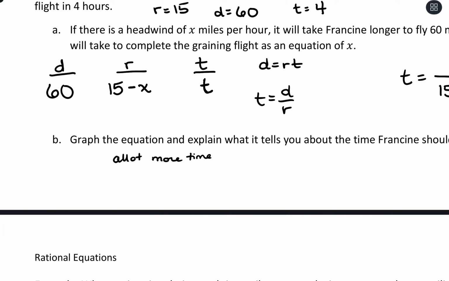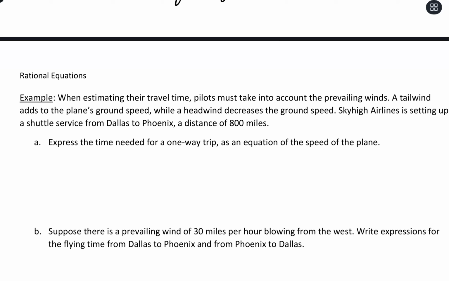Okay, one more distance, rate, time question here. When estimating their travel time, pilots must take into account the prevailing winds. A tailwind adds to the plane's ground speed, while a headwind, like we just talked about, decreases the ground speed. Sky High Airlines is setting up a shuttle service from Dallas to Phoenix, a distance of 800 miles.